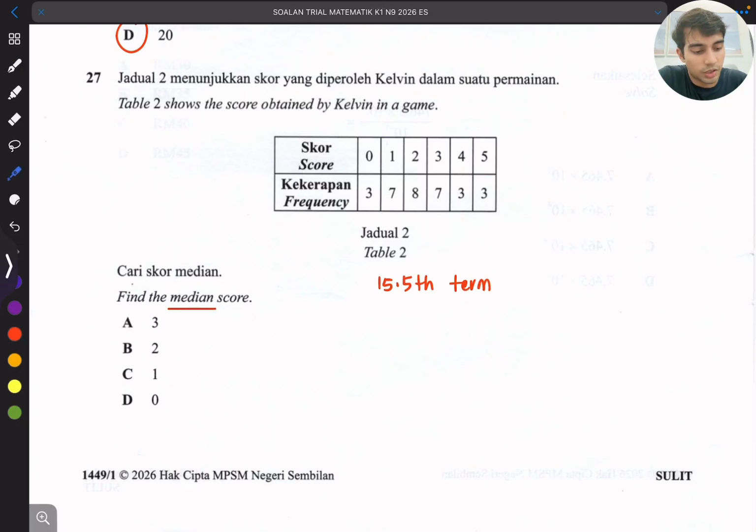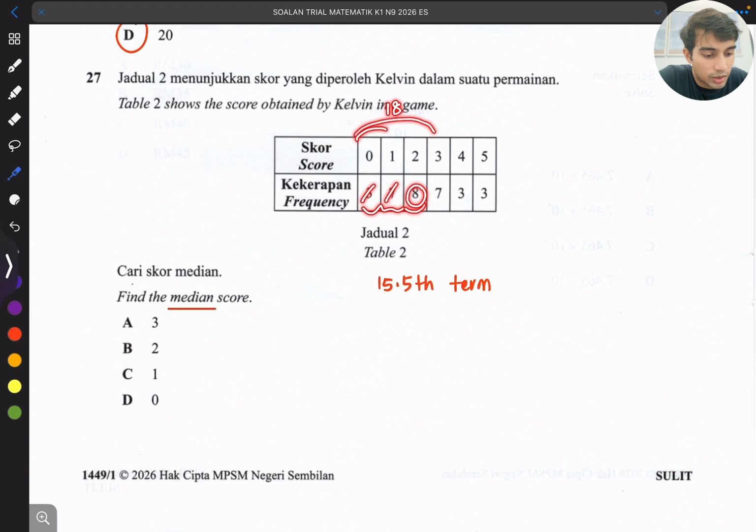Okay. So the first 3 terms are 0, 0, 0. And then 1, 1, 1, 1, 1, 1, 1, 7 times. So basically 3 numbers here. 3 plus 7, 10 numbers here. 10 plus 8, 18 numbers. So from here to here, 18 numbers.